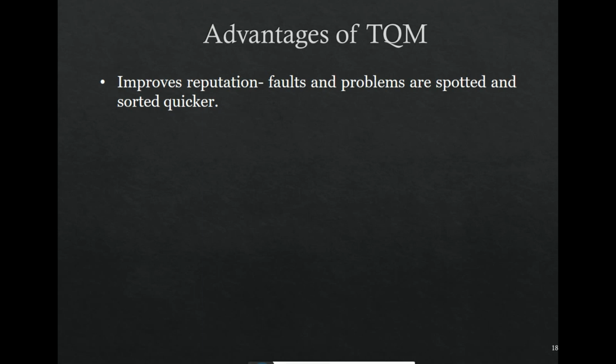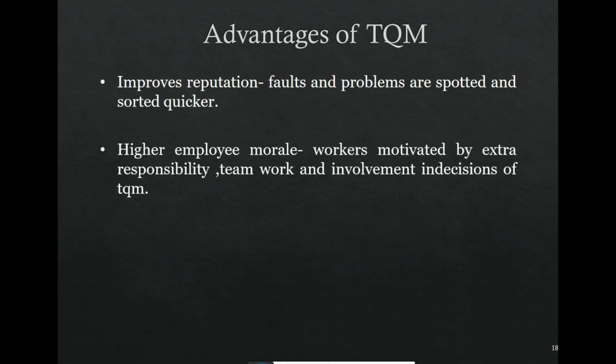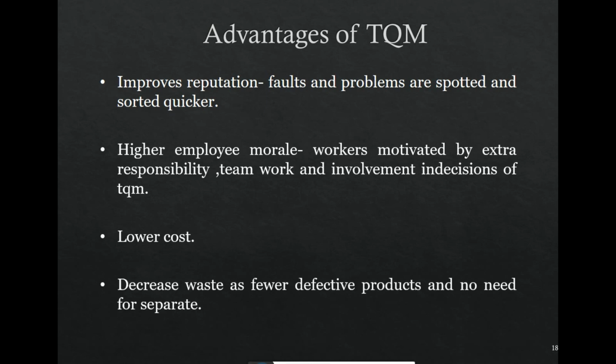Higher employee morale: workers are motivated by the extra responsibility, teamwork and involvement in decisions of total quality management. And lower cost: if you decrease the waste from defective product and there is no need for separate reworking, then definitely the cost would be low.